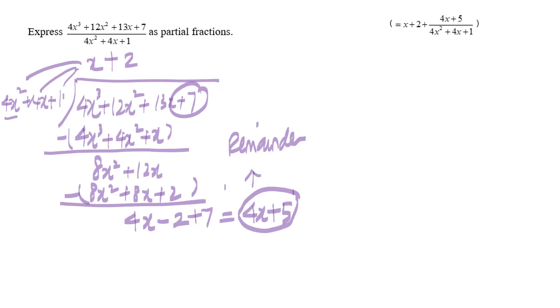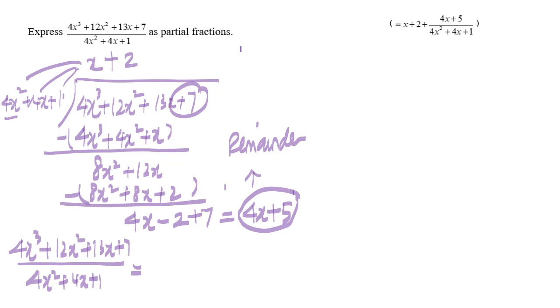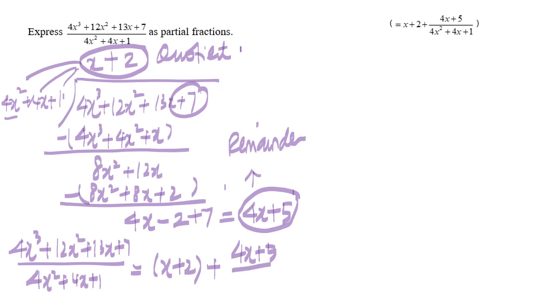Right, so our algebraic fraction can be written as equals to the quotient, x plus 2 is our quotient, plus our remainder, 4x plus 5, over our divisor, which is 4x squared plus 4x plus 1.